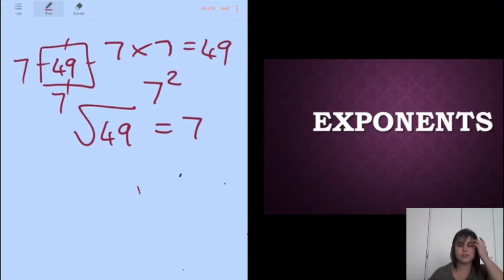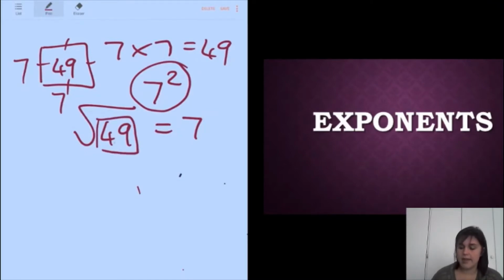So with this, we can see that square numbers, which are our squared numbers, and our square roots are inverse operations.